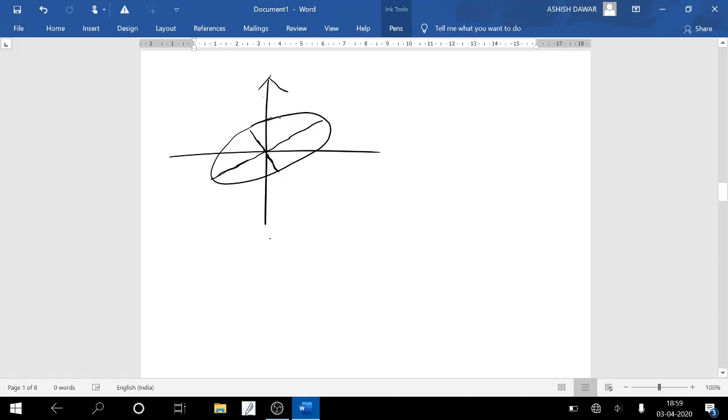And this is our electric field, and this is the x direction and this is the y direction. Okay, so this is all about polarization, and three cases arise. The first one is linearly polarized, then circularly polarized, and the third one is elliptically polarized.